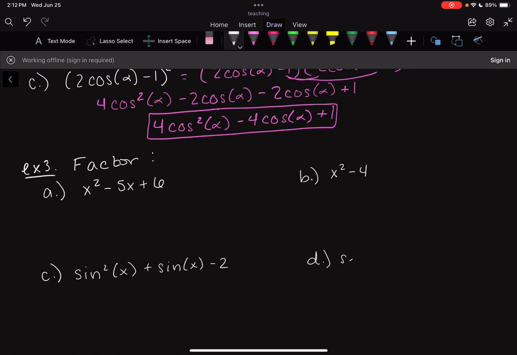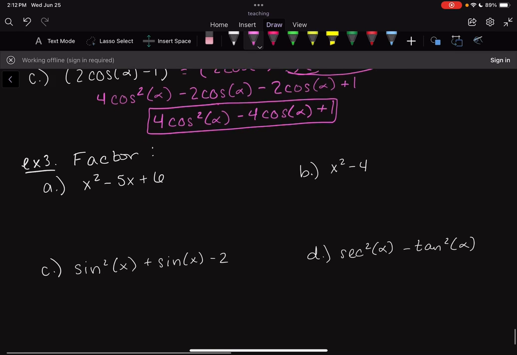And we'll do secant squared x, and it doesn't have to be x in there, I could put alpha, minus tangent squared alpha. So I changed this one to alpha just so that we have some experience with different ones.